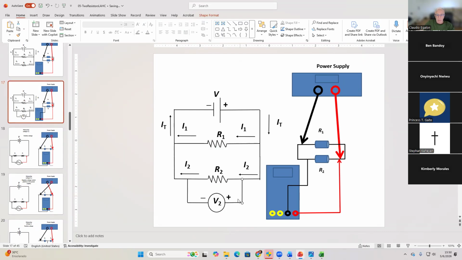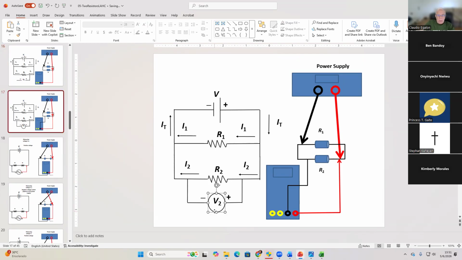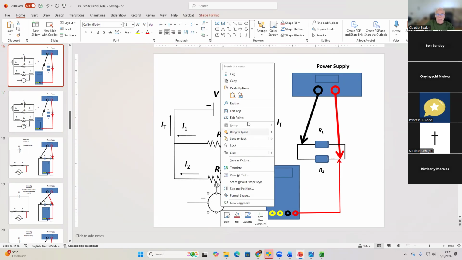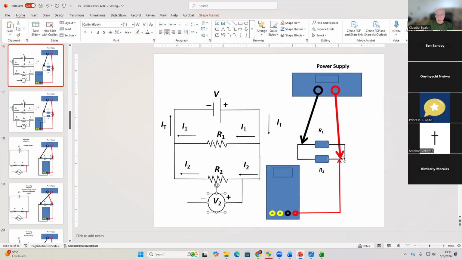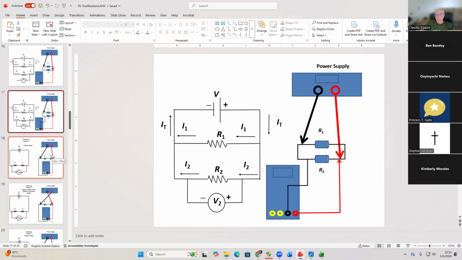For the previous drawing, the circuit diagram looks like that. In this case, we need the other one. Send to back. Because we have only the red cable connected in this slide, we have only this part of the multimeter connected. Once we close the circuit, right? Once we close it, we get that here, like that.